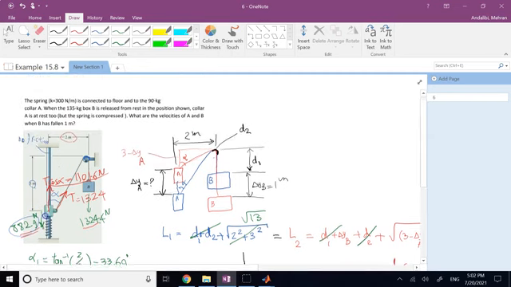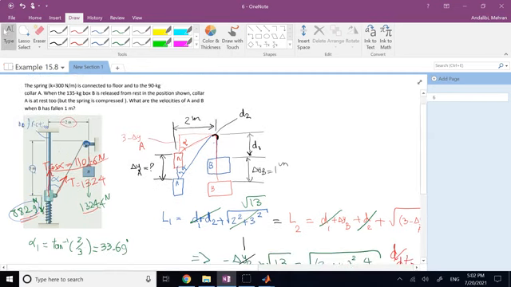Now, if all of this is happening and the system comes to rest, comes to equilibrium, now, if you release it, as the problem says, from rest, what's going to happen? Well, nothing, because the system already came to balance.